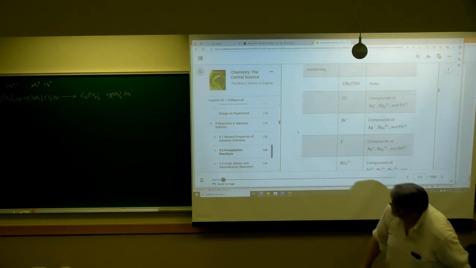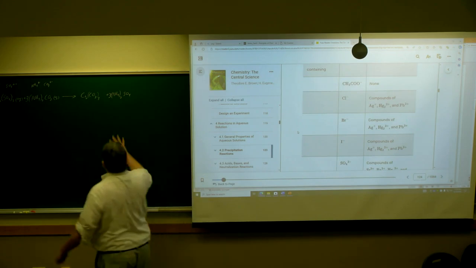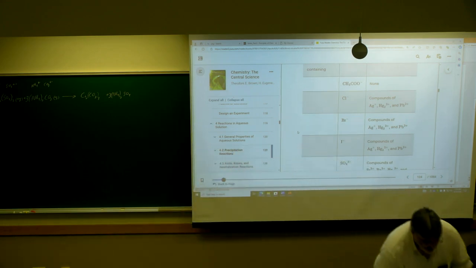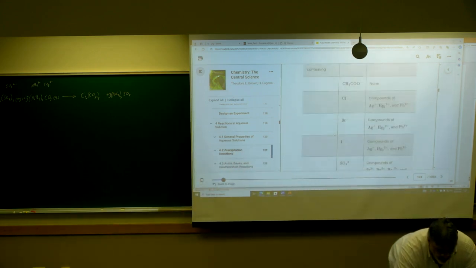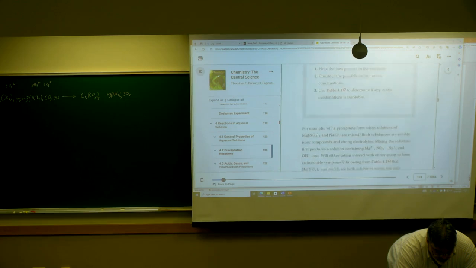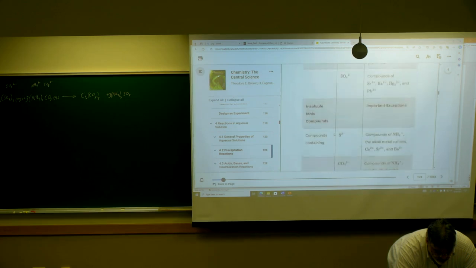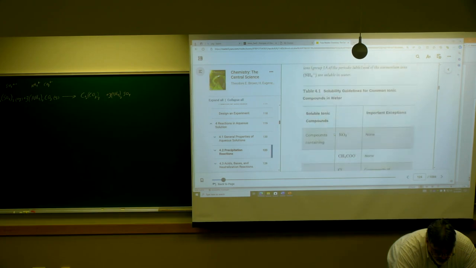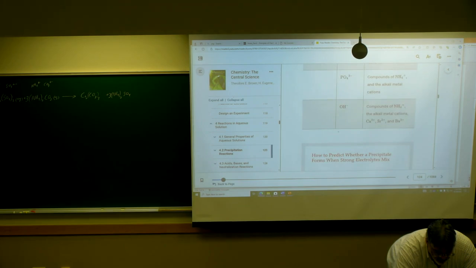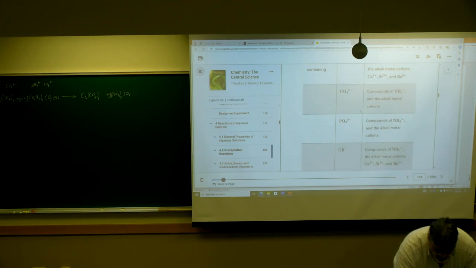So we're deciding which of these are soluble and which ones are not. That's probably why I like that other chart. So anything NH4 is soluble, any ammonium is soluble.